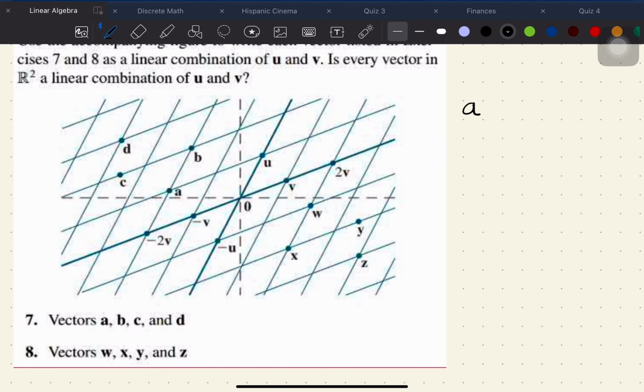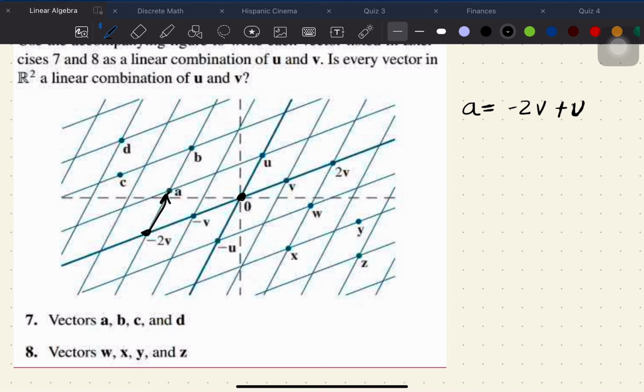For vector A, as always, we're going to start at the origin, and then we see that we have the value of negative 2b, and then it goes up. So the value of this will be negative 2b plus u, because we don't actually know its value.